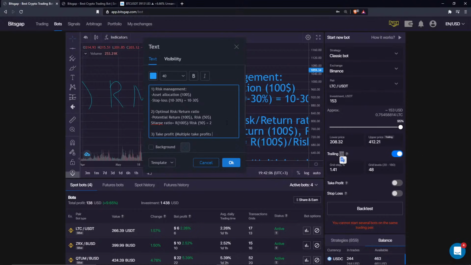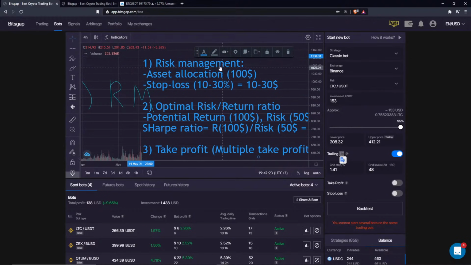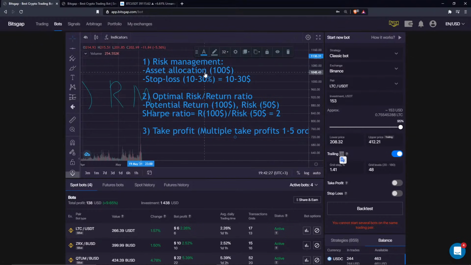For example, you can have from 1 to 5 orders in the mode that I demonstrated. Calculate the potential return per each order, and if this total take profit exceeds the risk that you take, then go for it, right? So these are the rules that I follow in most cases.